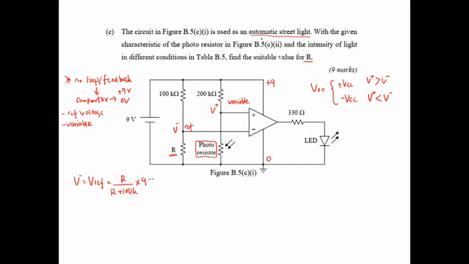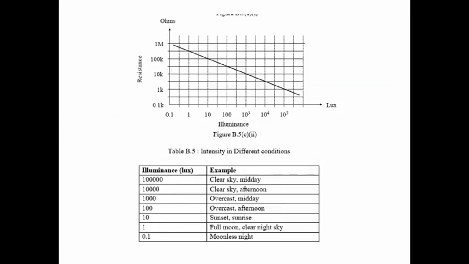Okay. So this is the automatic street light. You know that the photoresistor's resistance changes depending on the ambient light. This shows the resistance of the photoresistor versus the illuminance.